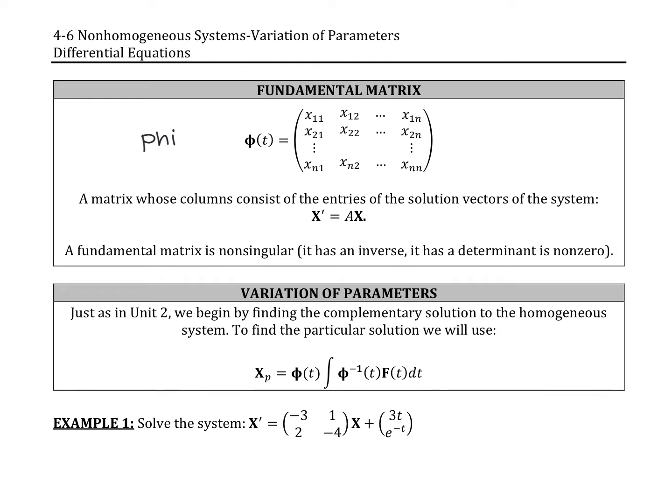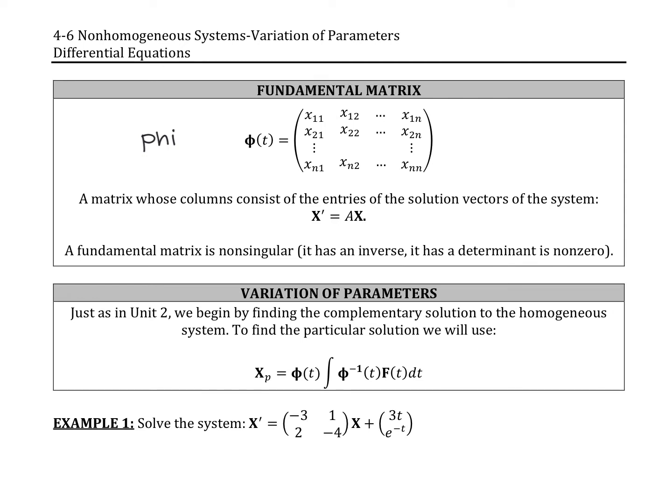So this fundamental matrix is actually what we're going to use. It is important when using variation of parameters to find the complementary solutions first, solving the system as if it were homogeneous, because then we use those to build a guess as to what our particular solution looks like.